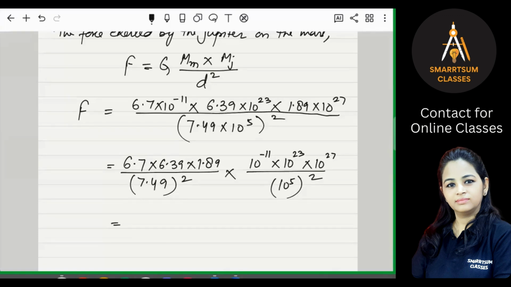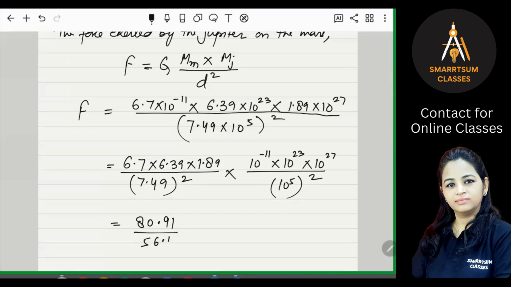So first we can calculate this. You can multiply 6.7, 6.39 and 1.89. This is around 80.91. And the square of 7.49 is around 56.1.